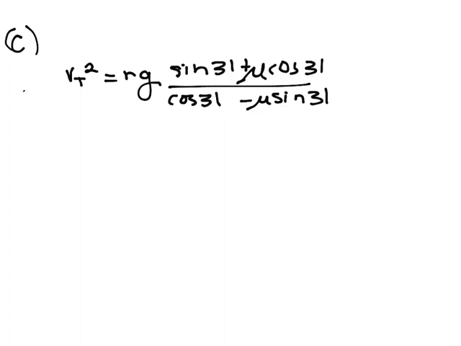I want to isolate mu, so I need to get mu out of the denominator. I'm going to cross multiply, and really I'm multiplying both sides by this that I just circled.